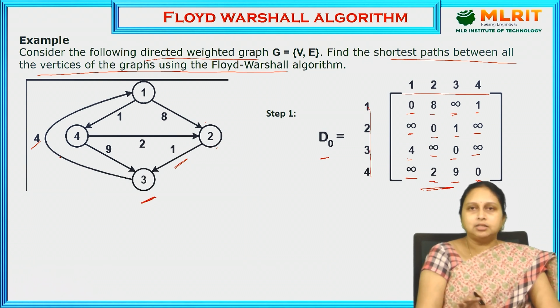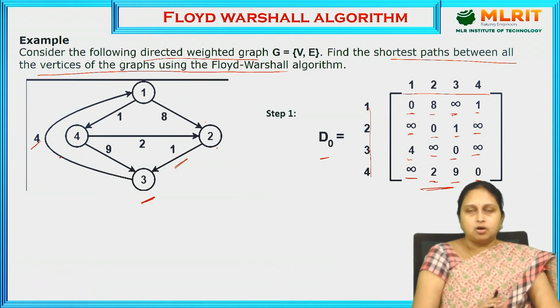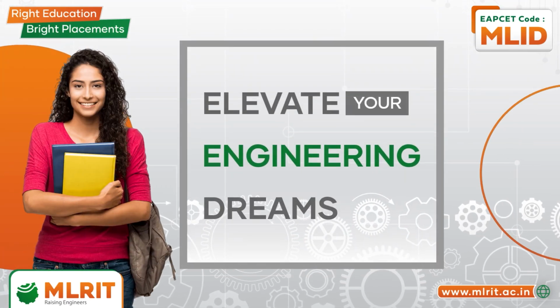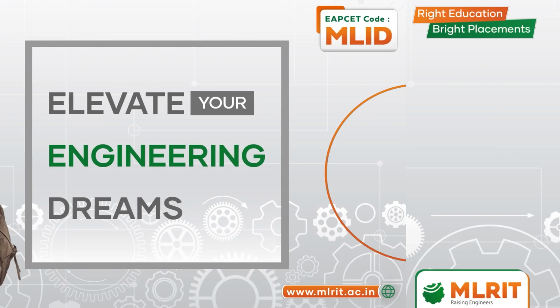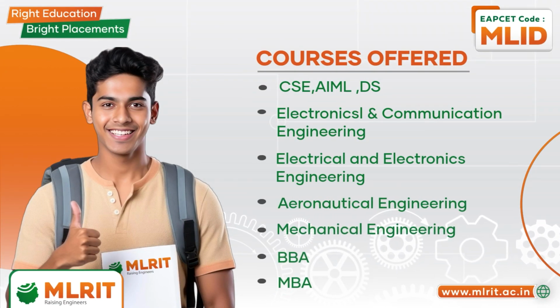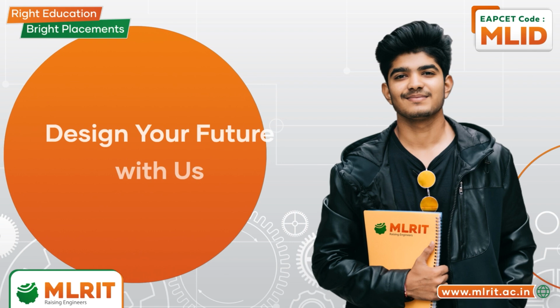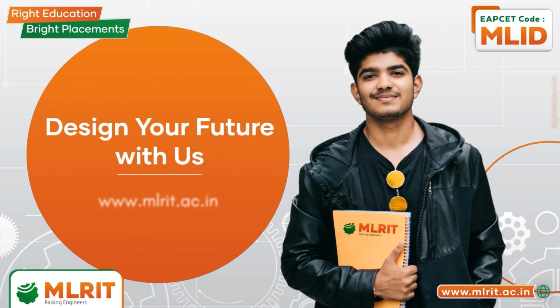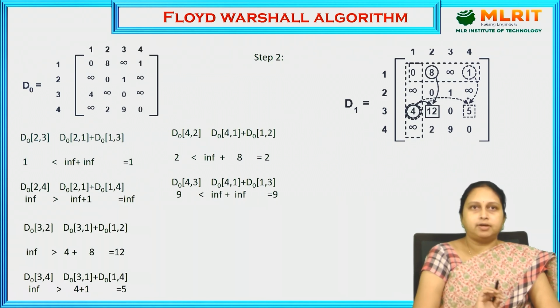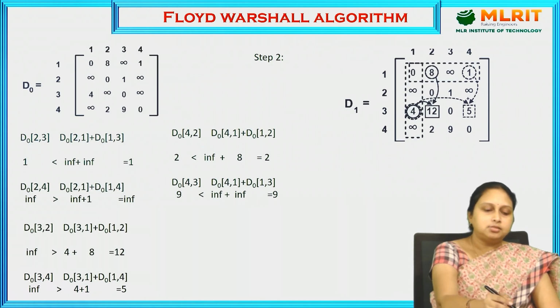Now, by taking this matrix, we are going to find the shortest paths. From D naught, we are going to construct D1. This is my D naught value.